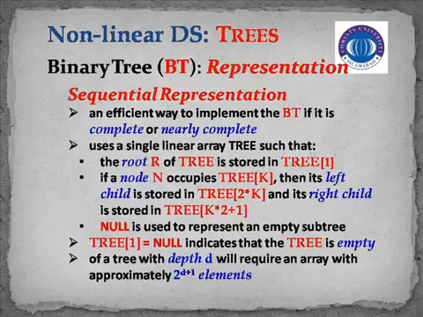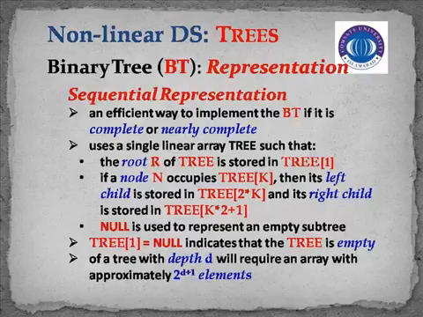Dear listeners, the sequential representation is an efficient way to implement the binary tree BT if it is a complete or nearly complete tree. The sequential representation uses a single linear array with the name tree such that the root R of tree is stored at location 1.